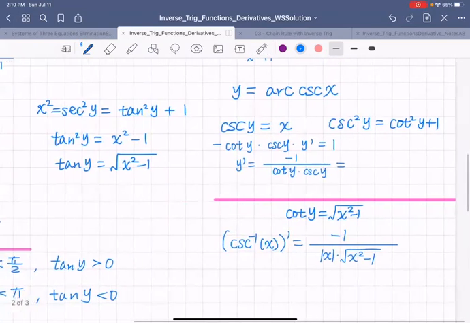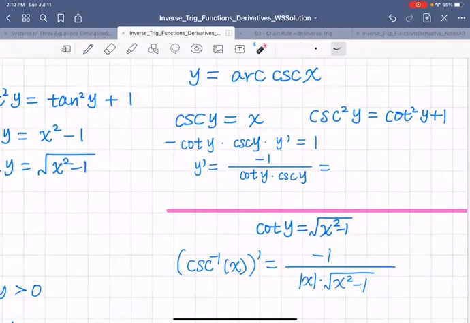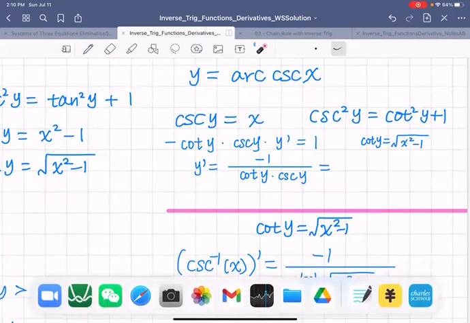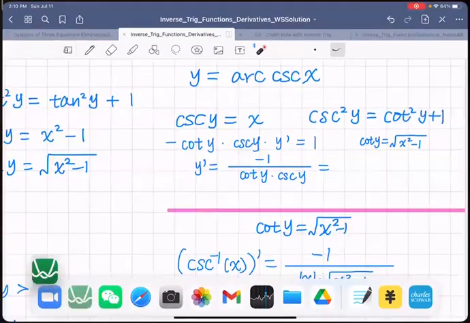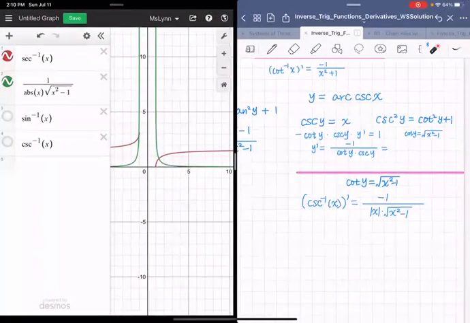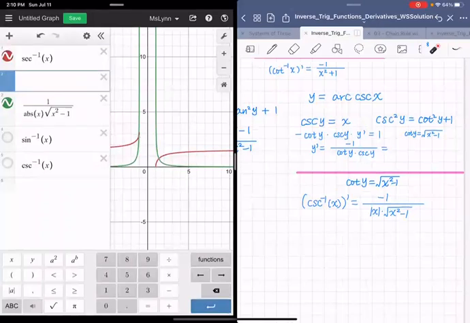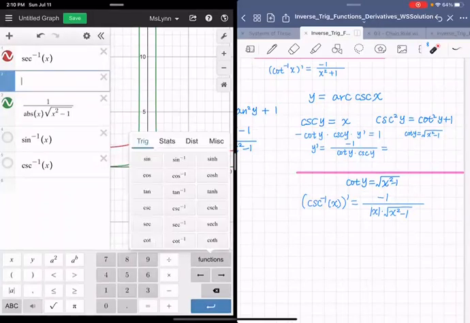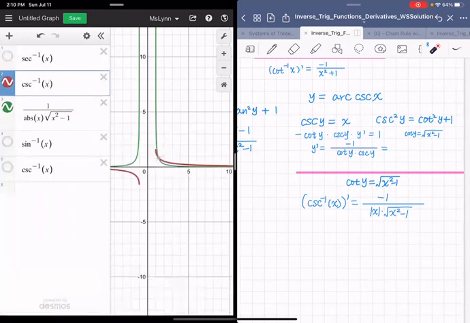Okay. So now here, we know this is x, so this is x. And then cotangent y, we are going to do the square root of x squared minus 1, correct? Right. And then again, we can analyze arc cosecant x, okay? So we can do cosecant inverse x, okay.